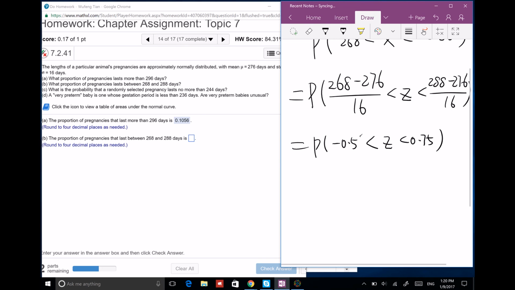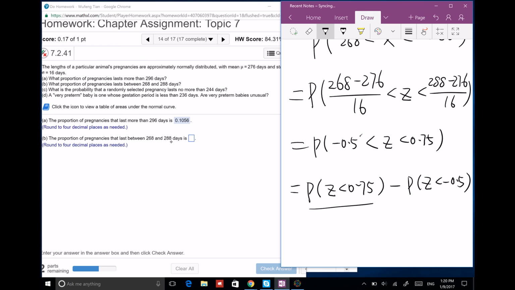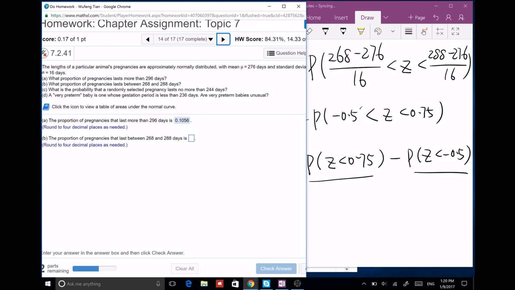So what you need to do next is P z less than 0.75 minus P z less than negative 0.5. Use the table, find these two numbers, subtract them. That'll be enough. Okay, that's the second one.